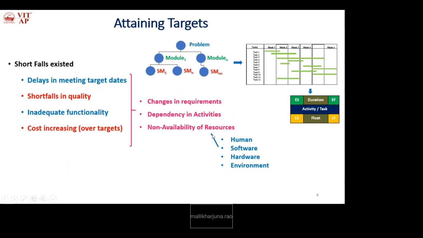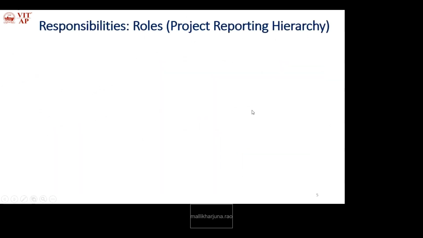So due to these problems, shortfalls exist, and the schedule is violated. Because of this violation, we cannot deliver the product on time to the client. So in this case, the framework is useful to check whether we are working according to this schedule and the modified schedule or not. Okay, that we are checking using the framework, achieving the targets.